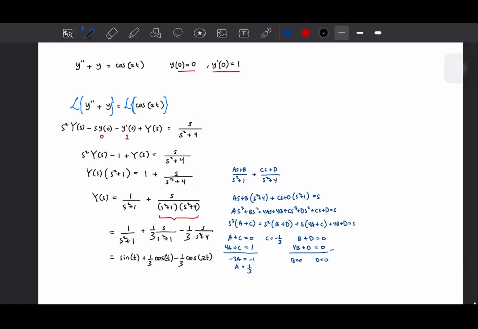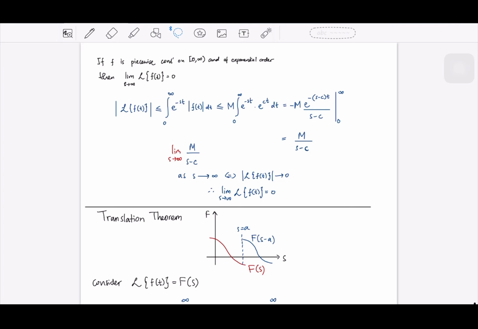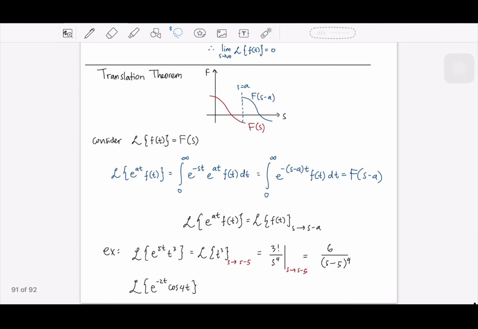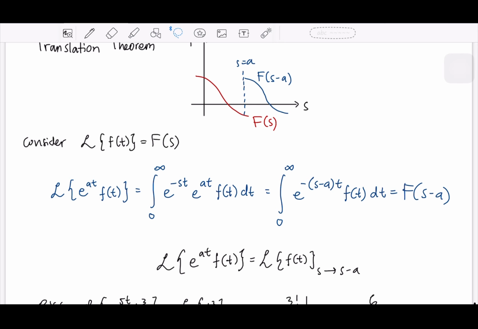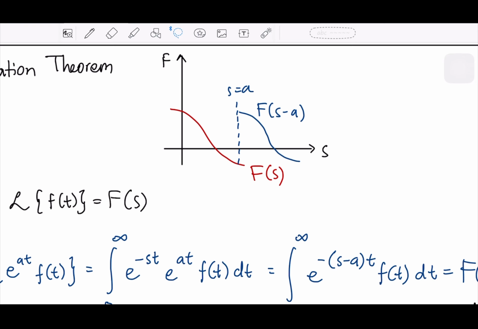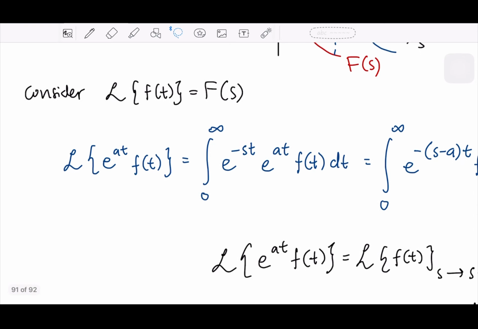So the key is the partial fractions. Okay, we have learned before the translation theorem. Whenever we have a translation by some point a, which means we translate F of s to F of s minus a, it means that we are actually multiplying the function by an exponential with power of a constant times t, or at.